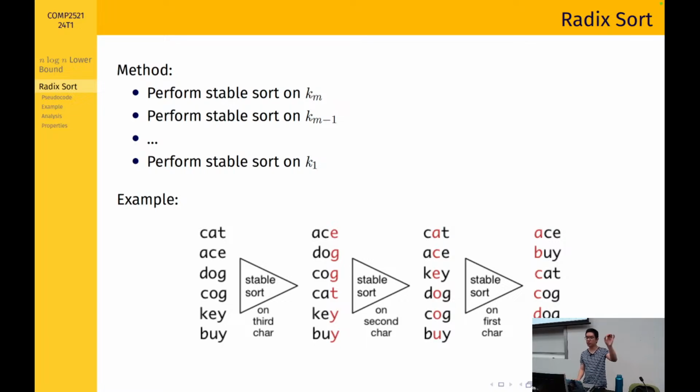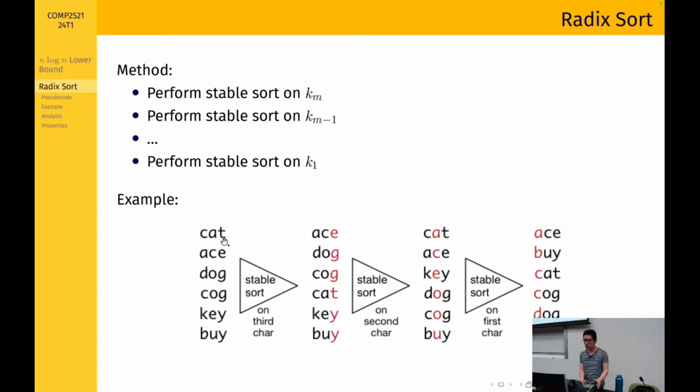Then we perform a stable sort on Km-1, which is the second last symbol, and so on until we perform a stable sort on the first symbol, and then we're done. Each of these sorts has to be stable, otherwise the sorting algorithm doesn't work.